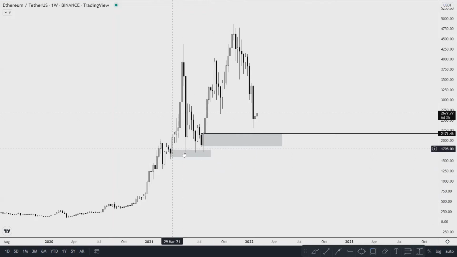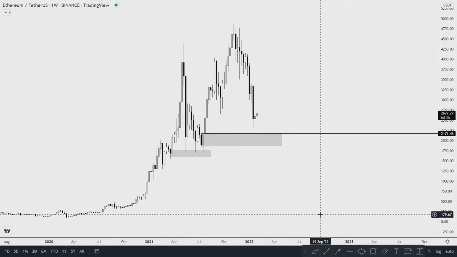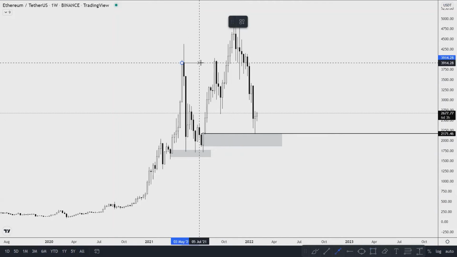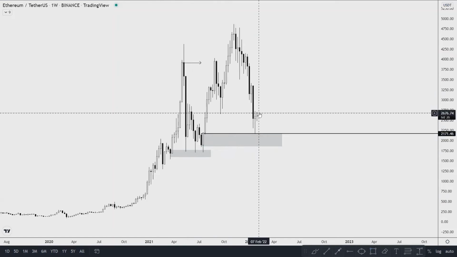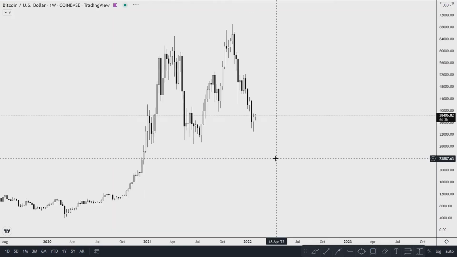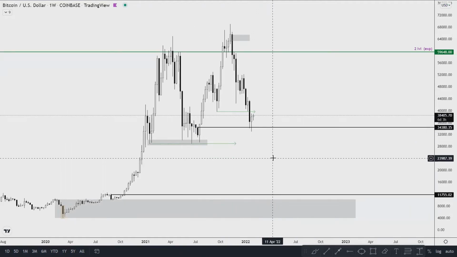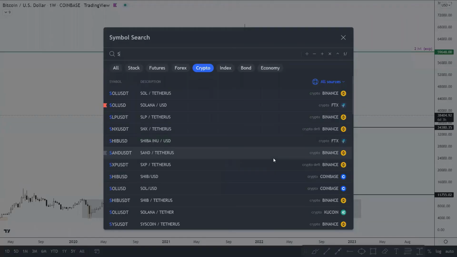I guess that's what I call a good support region. And then it took off. Also made a higher high, going above this high. And now it's reacting as well. Usually, Bitcoin is the leader of these coins. Whatever it does, other coins tend to follow, which is annoying.